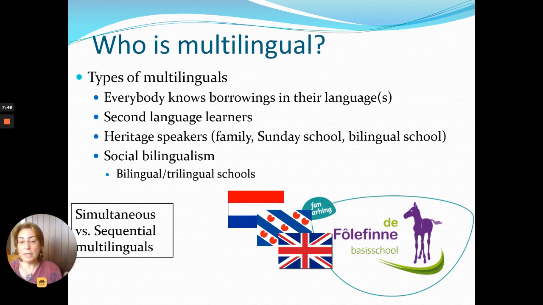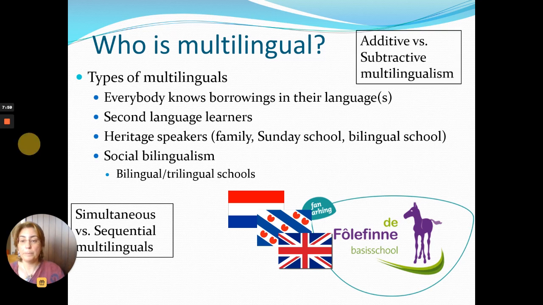So there are many strategies, and each community has to figure out what strategy works better to preserve their social bilingualism. That is their goal.